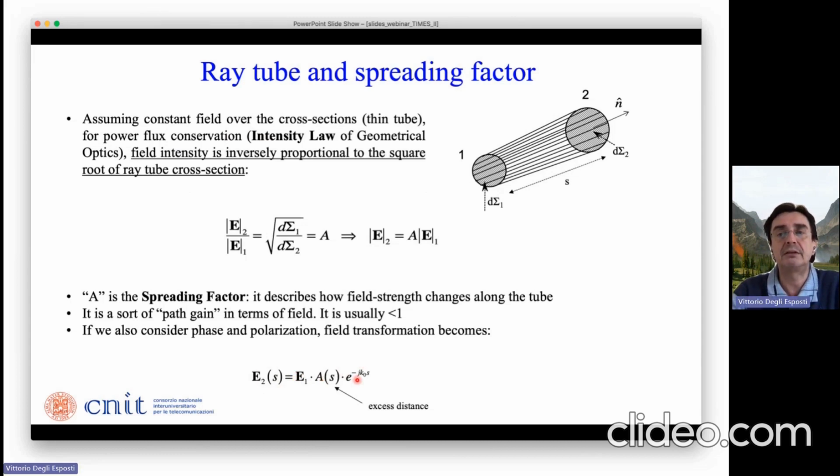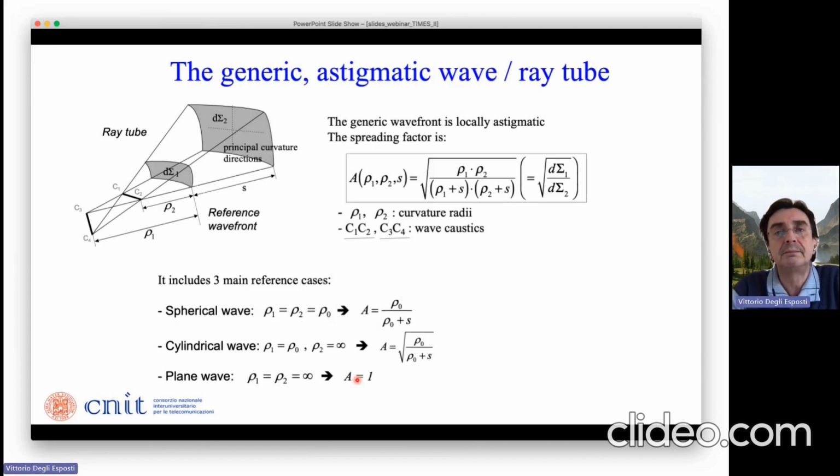But in general, ray tubes and wavefronts are astigmatic, which means that they are not spherical or plane. The wavefront has two principal curvature directions, which are orthogonal to each other.